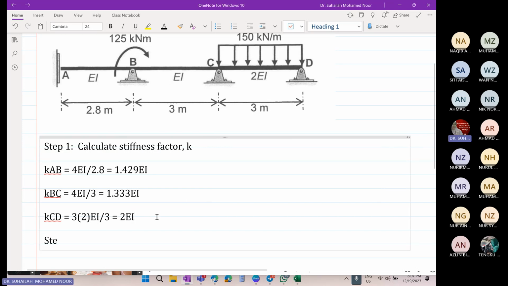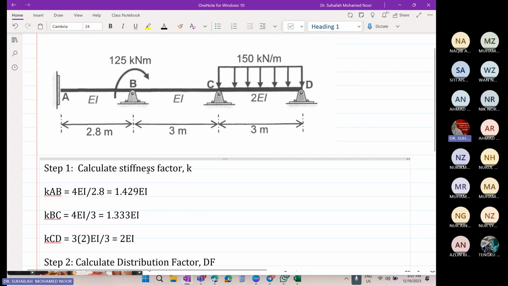Okay, move to step number 2. Step number 2, we have to calculate the distribution factor, the symbol is DF. We will use the distribution factor to distribute moment.